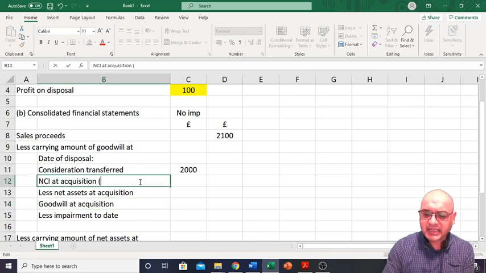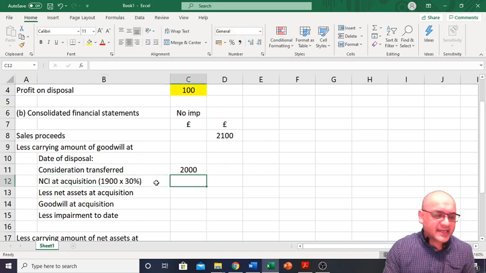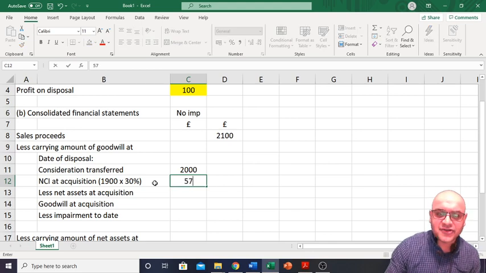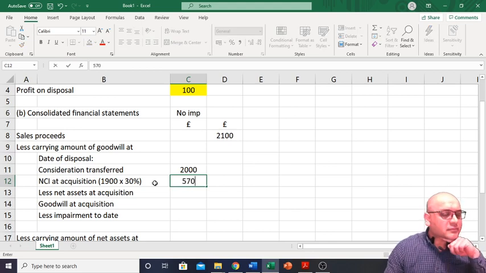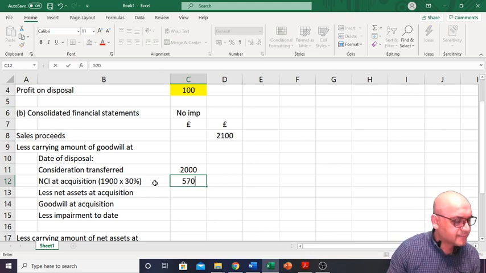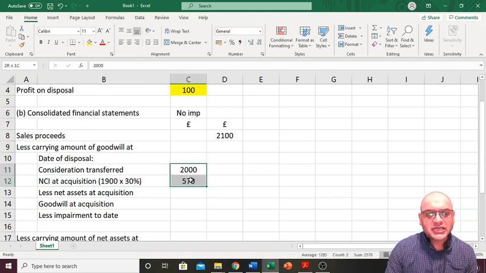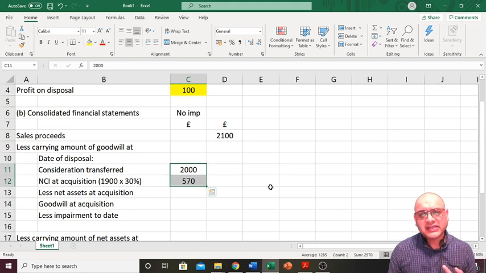So if we take the 1900 and multiply it with 30%, this is a proportion of net assets method, that would give us 570. Okay, so in total, parent and NCI together, the value would be 2,570.